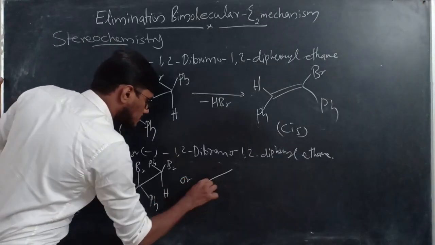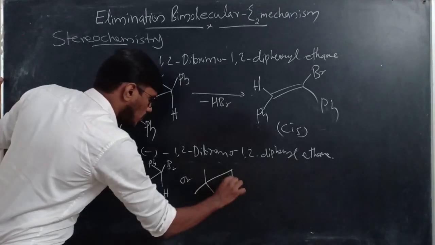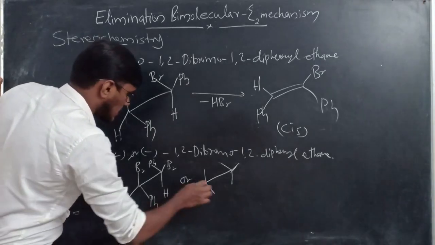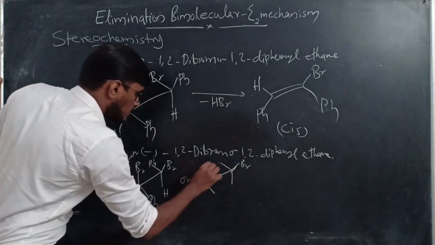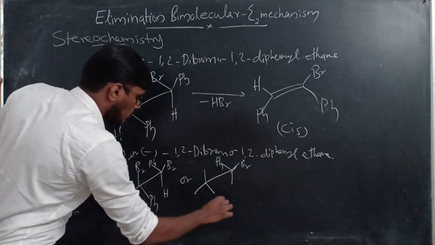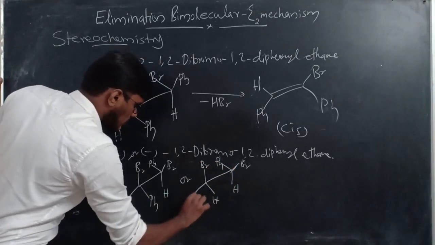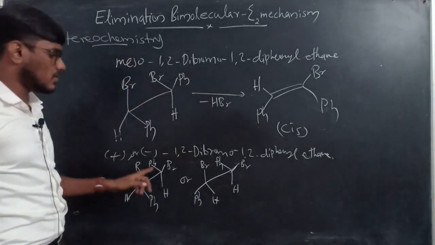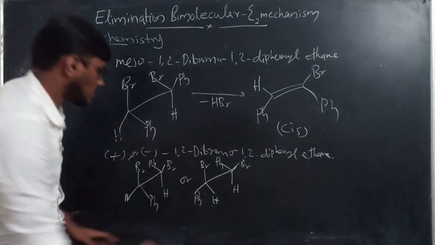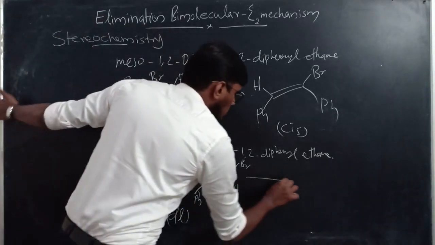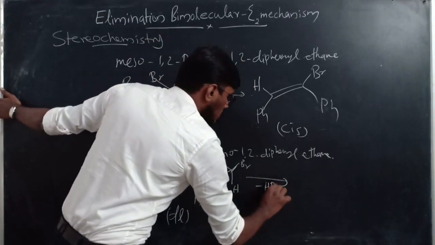Or another form, the plus or minus form or DL form, another form is like this: Br, Ph here, phenyl group, H here, Br here, H, and here Ph. These are DL form isomers, and they undergo E2 elimination reaction.